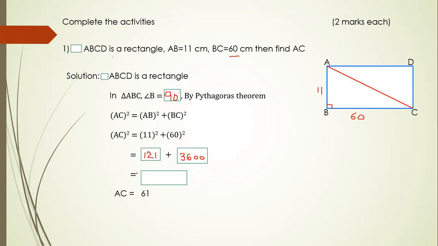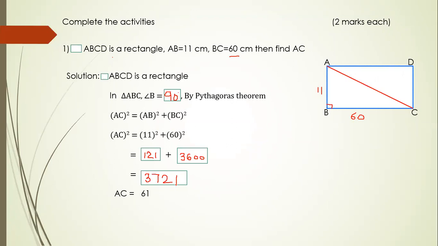Is equal to, only one box is there. It means you have to add these 2 numbers and you have to write the answer of it. So when you will add these 2 numbers, what answer you will get? You will get 3721, right?